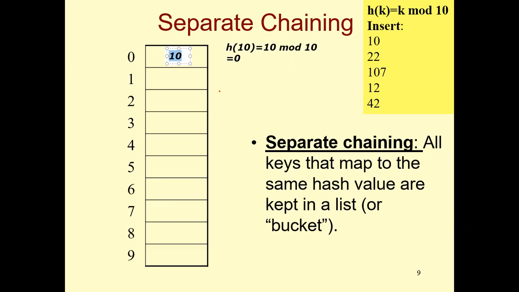All right, so the next value that we have is going to be 22. Similarly, 22 mod 10. 22 mod 10 is going to be equal to what? So 10 into 22 goes 2 times, 2 times 20, and the remainder is going to be 2. Therefore, 22 is going to go to here.